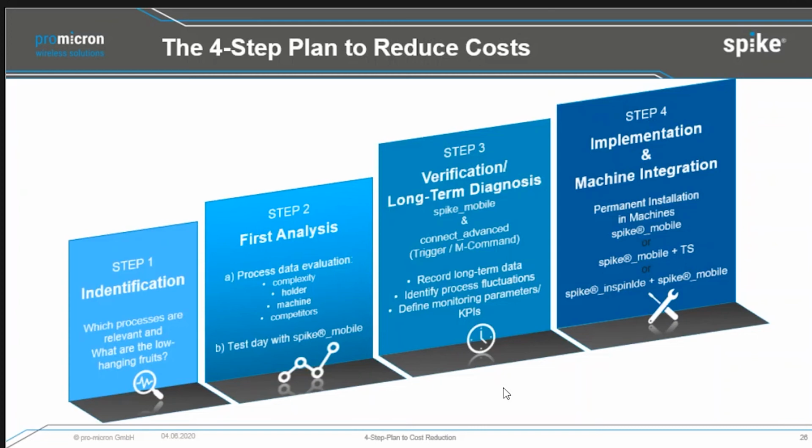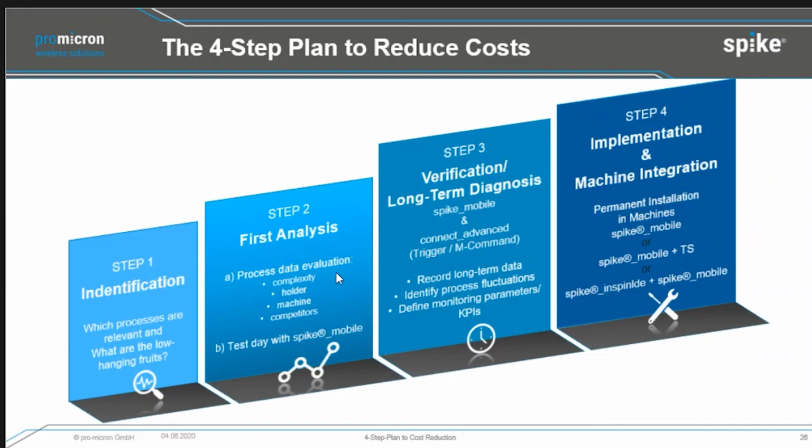Why is it that we came up with this 4-step plan to the complete monitoring solution for your needs? It's quite easy. If we see in step 1, all right, we identified one process that might be interesting, but with the first analysis of the data, we see it's not possible or very hard to monitor this step. We are able to go 1 step back.